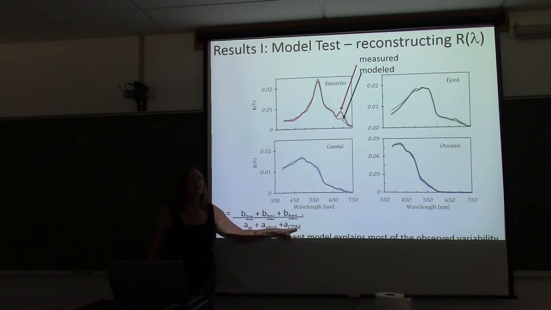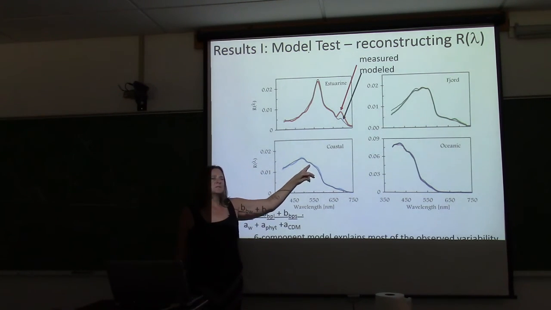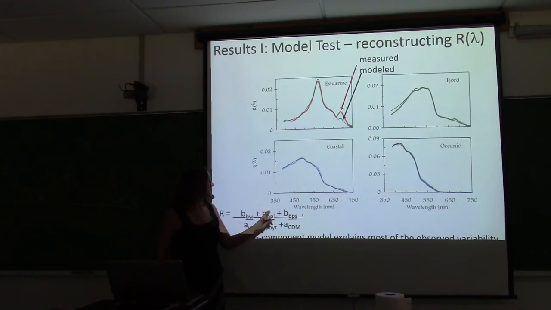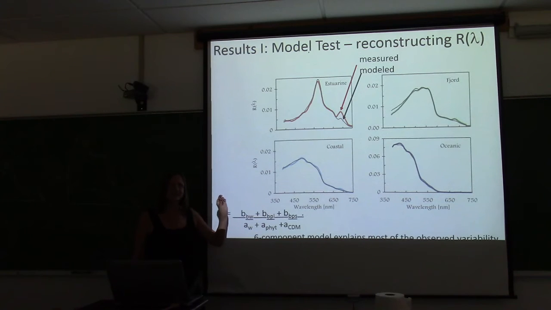And I actually ended up combining CDOM and NAP with just a single slope of 0.0145. What makes up most of the variability in reflectance is the ratio of all of these, not necessarily the spectral shape of them. That is tremendous.